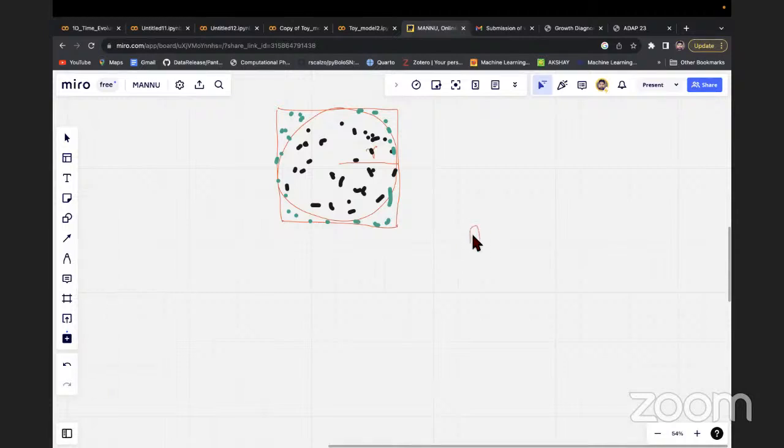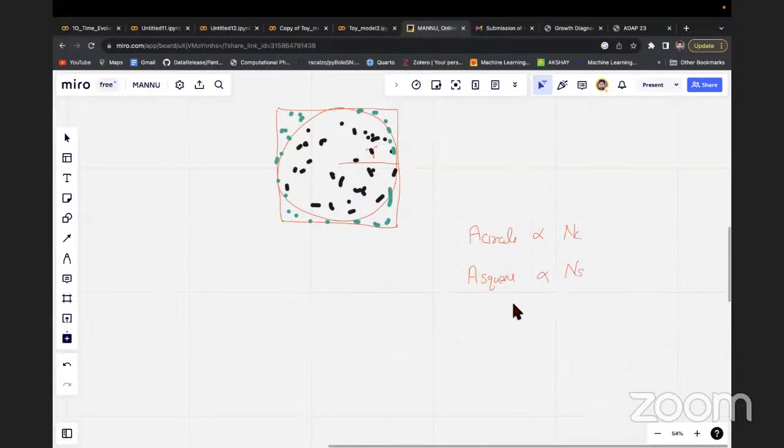So I can say the area enclosed by the circle is going to be proportional to the number of chalks within the circle. I am defining them to be NC. And the area enclosed by the square will be proportional to the number of chalks within the square.